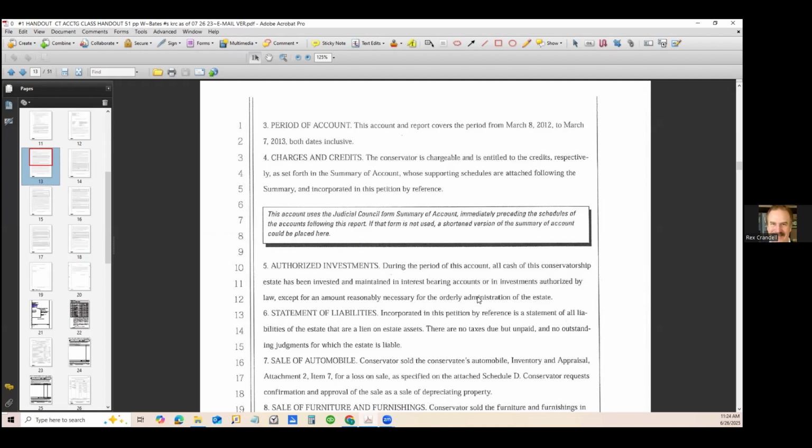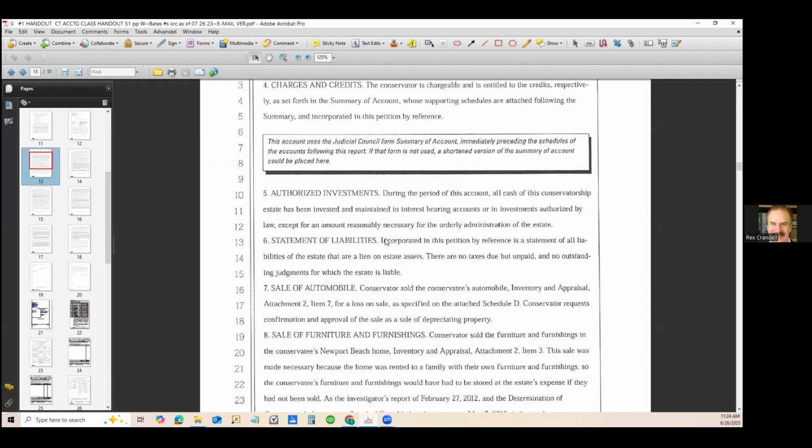Please note that if accounts are not interest-bearing, and I have seen this in a court case, a beneficiary can sue the conservator or the administrator for not keeping the money in an interest-bearing account, and that administrator or conservator was personally liable for replacing the interest that was lost by not keeping funds in an interest-bearing account. So be careful on that one.